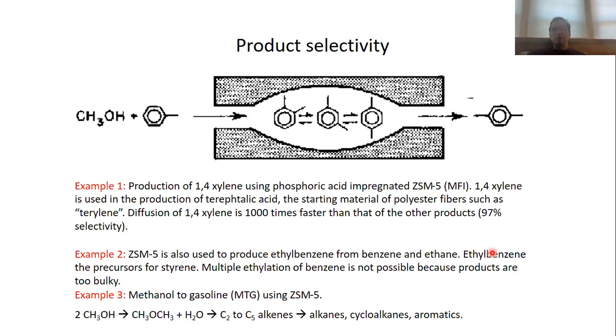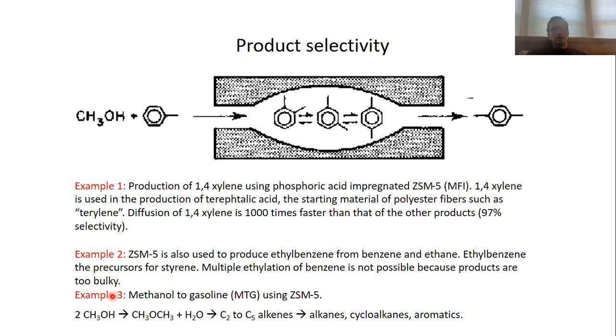Multiple ethylations would be possible, but these products would then be too bulky in order to leave the ZSM5. Okay, therefore, ethyl benzene is being formed in a high yield. So that ethyl benzene is an important precursor for styrene, which is then an important precursor for other things, for instance, for example, polystyrene, styrofoam products and things like that.